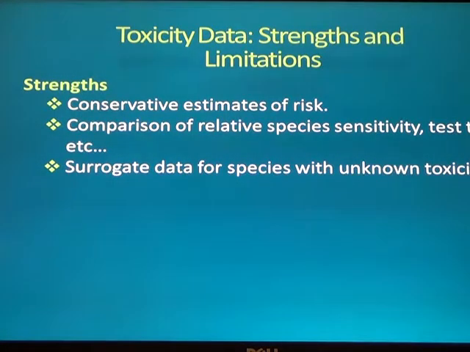And they also allow us to develop what we call surrogate data for species of unknown toxicity. So if we know that the species that we have done the test on is very sensitive, and we know that this other species that we haven't done the test on is also very sensitive, we may be able to use that as a surrogate species because they're both highly sensitive to other things that they've been tested on.